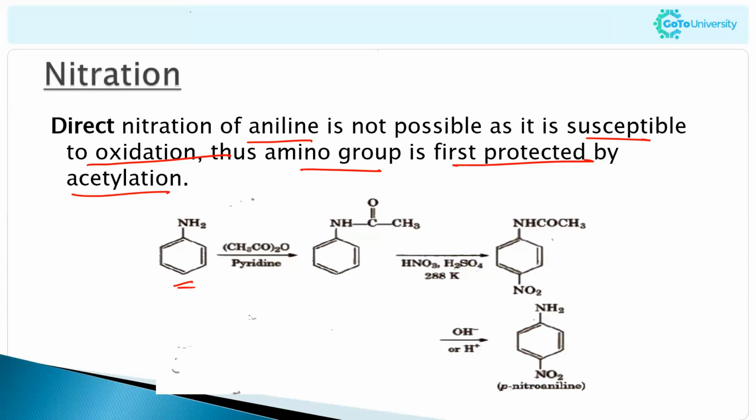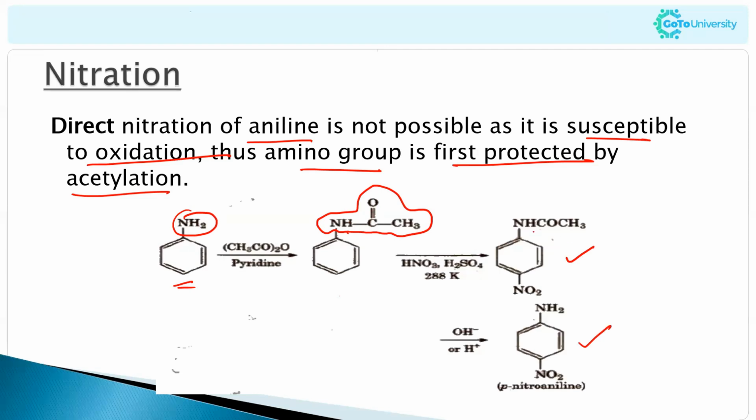Then the remaining molecule will undergo this reaction and produce the corresponding product. So in order to do the nitration reaction, first we have to protect this NH2 group by acetylation.